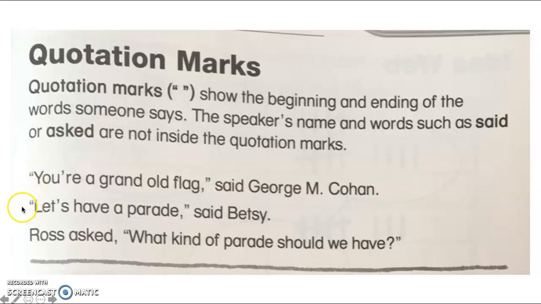Okay, can you read this next one out loud? "Let's have a parade," said Betsy. So we know that Betsy said this phrase that is inside the quotation marks. Okay, last part. Can you read that out loud?